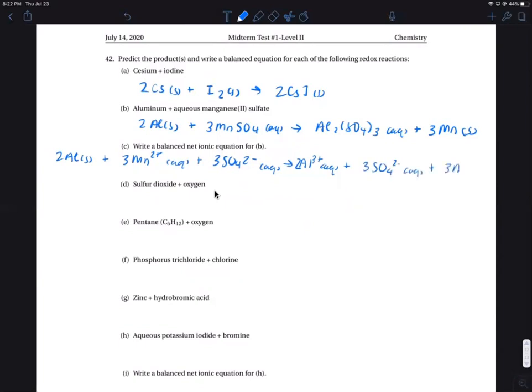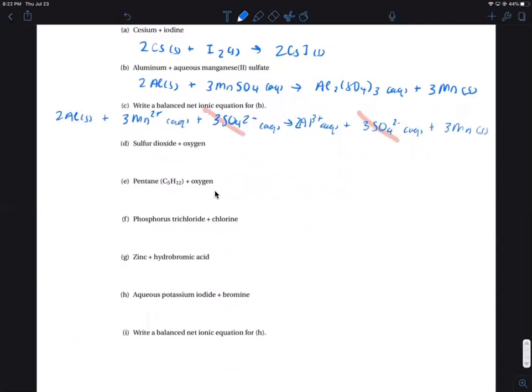And 3Mn stays solid. So we can cancel, and I think that's it for part D.